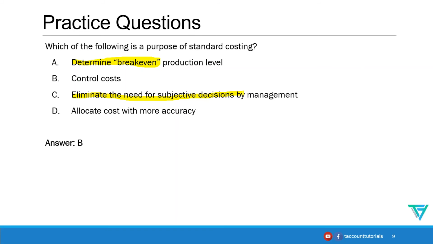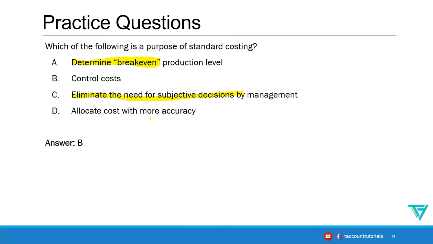So right then and there is already a subjective decision to be made by management. Afterwards, once the variances are computed, management would also decide which variances are significant enough. Remember, management by exception: only those variances which are material or significant enough would be investigated. So again, there is also a subjective decision to be made by management there.